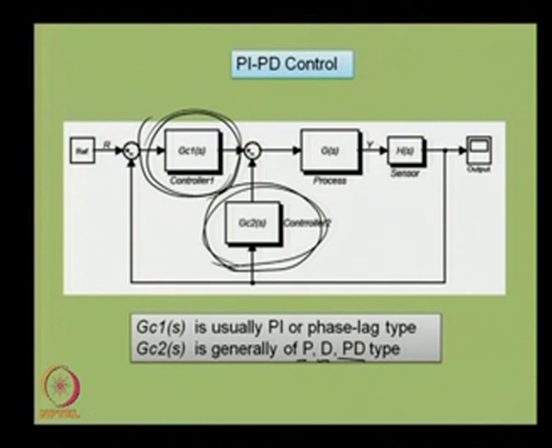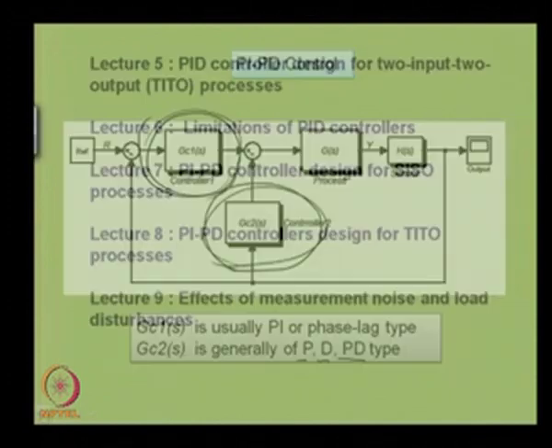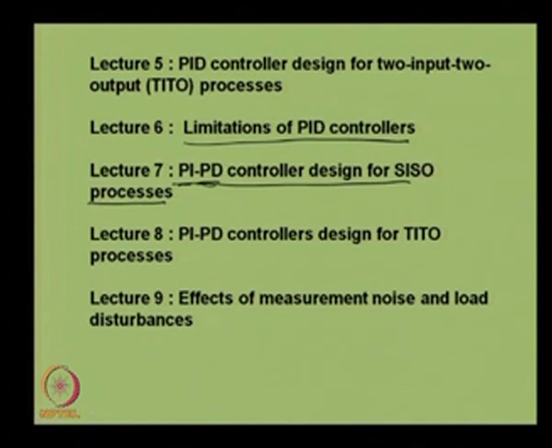So, the design of PIPD controller will be discussed in lecture 7, and we will also show how the PIPD controllers outperform the PID controllers for many SISO processes. The SISO processes shall include stable, unstable and integrating processes in our discussions.